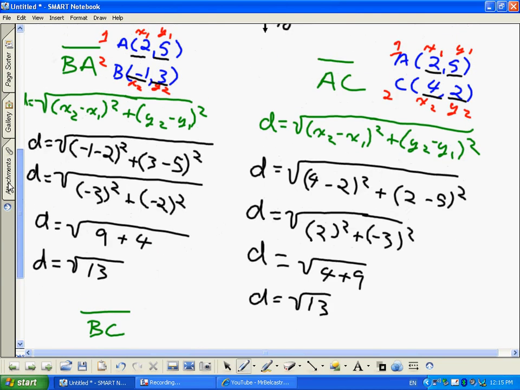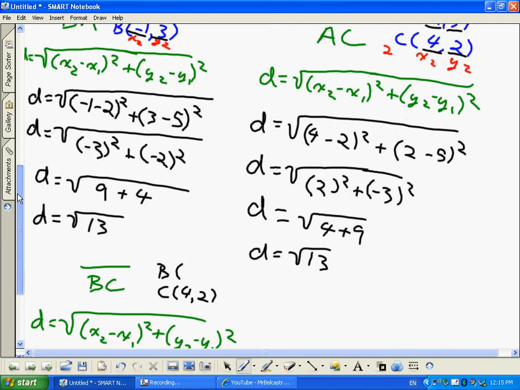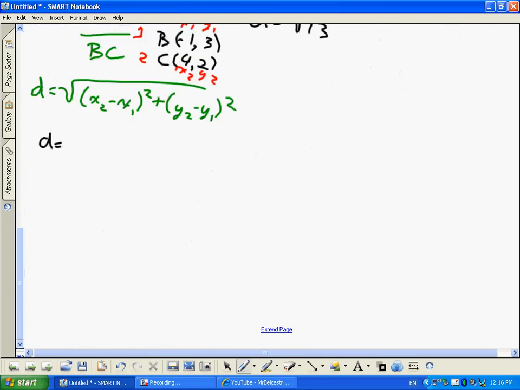I know that point C is 4 and 2. And point B is negative 1 and 3. Do the same stuff we did above. I'll call B1, C2, so x1, y1, x2, y2. Then plug them in. D is equal to the root of x2 is 4, subtract negative 1.